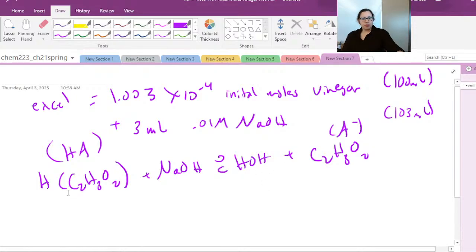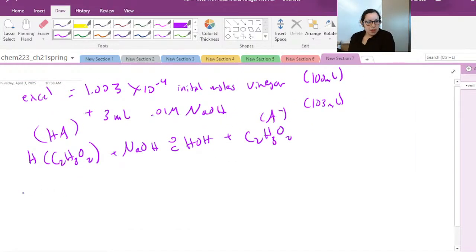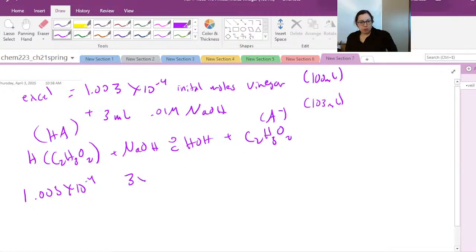And so now we're just doing a little math here. So 1.003 times 10 to the negative fourth plus, let's figure out how many moles we added. So 0.003 times 0.01. So 3 times 10 to the negative fifth moles. So do your reaction. So again, that's where Excel is going to be useful.